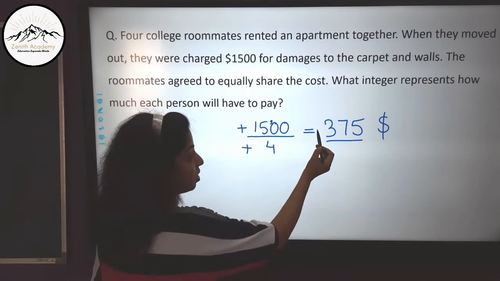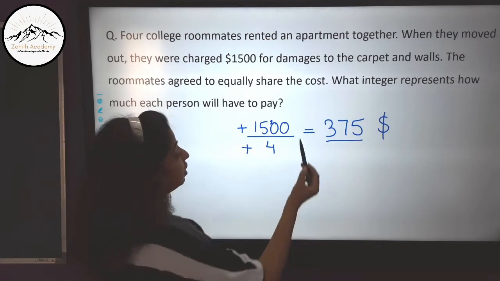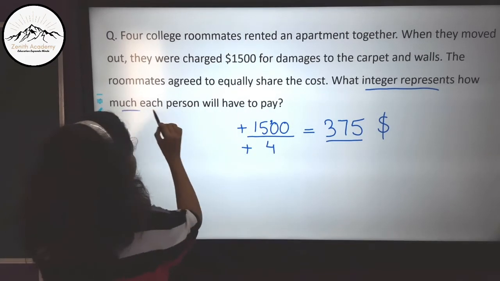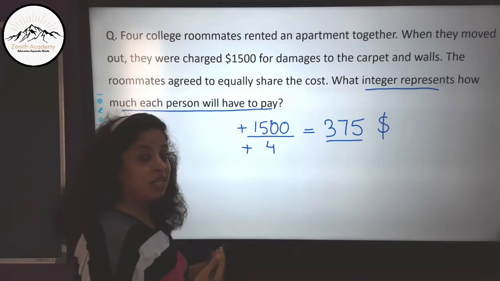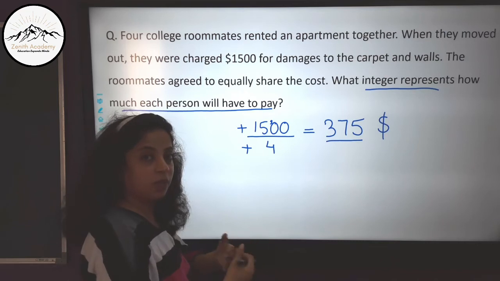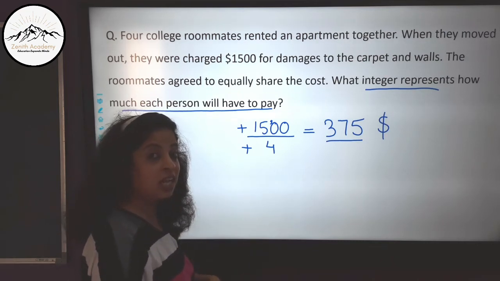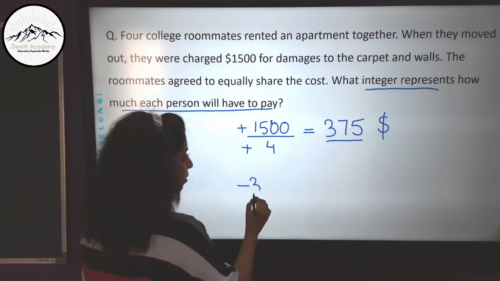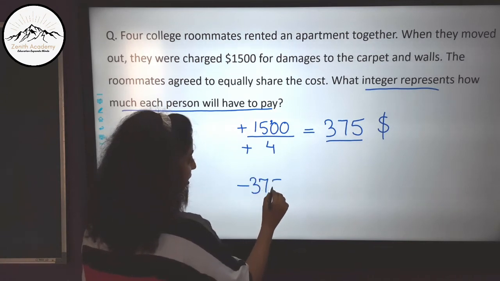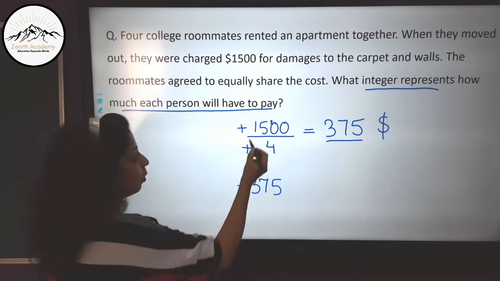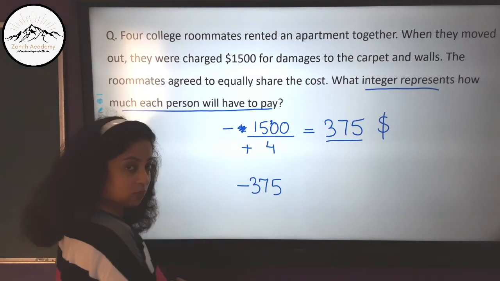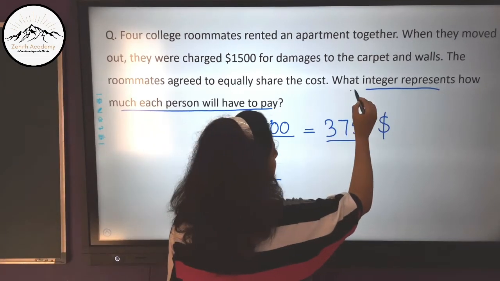Okay, so this answer is positive, but they have asked what integer represents how much each person will have to pay. Since they have lost this money, they are giving away this money, so the integer that will represent it is minus 375. You have to read the question very carefully.